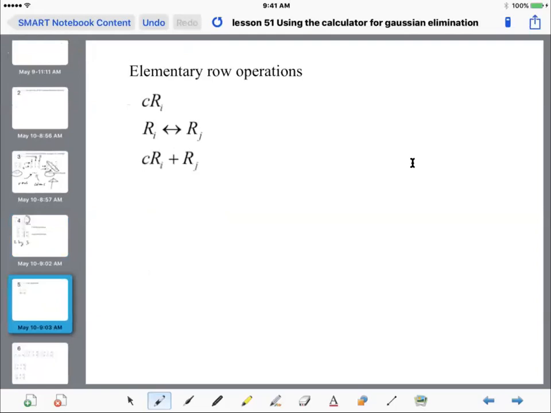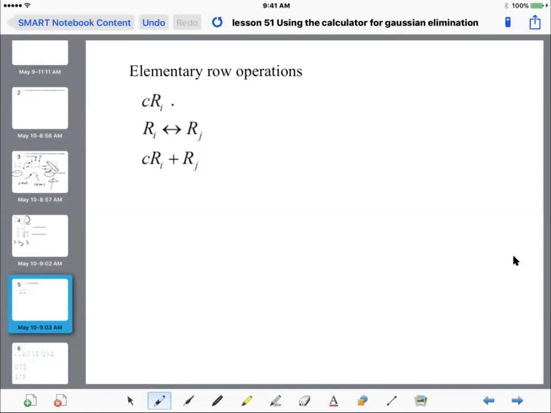Now, just like there were 3 operations you could do on Friday with equations, where you can multiply both sides of an equation by a number, or you could swap 2 equations, or you could multiply an equation by a number, add that new equation to another equation, and replace the thing that was added to with the sum.